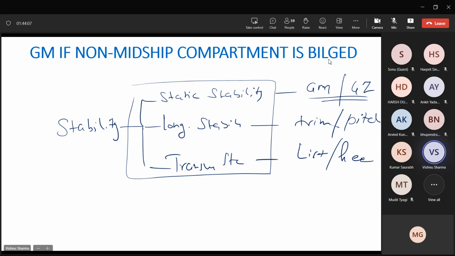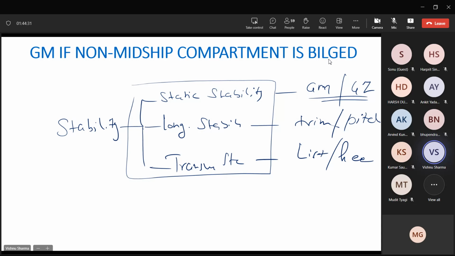So we should not just tune our minds that GM is required only if the bilging is of a midship compartment. Tomorrow somebody gives you a bilging of a compartment at the end or somewhere else and tells you to calculate GM, you should not start getting up in the MMD hall and saying the question is wrong.